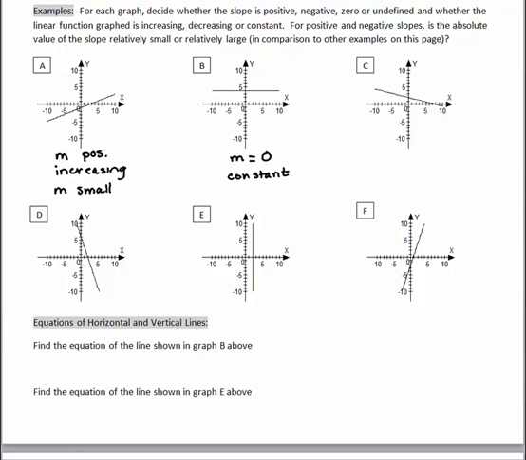In part C, we've got a decreasing line, or a downhill slope, so our slope would be negative, and the function again is decreasing. Once again, in comparison to the other lines we're going to look at in examples D and F, this is not a very steep line, so I'm going to say it's a relatively small absolute value of the slope. Probably should put absolute values on there.